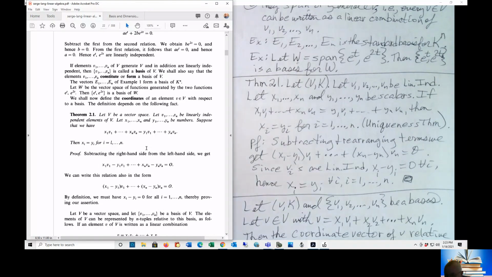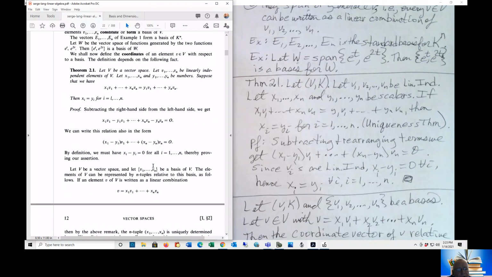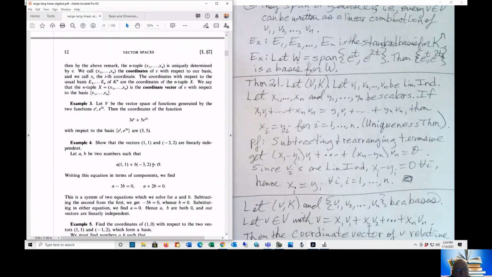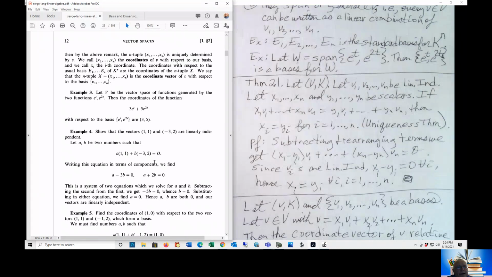But remember, v1 to vn are linearly independent, hence the scalars have to be 0. That means that xi minus yi has to be 0 for each i, hence xi equals yi. This allows us to define the coordinate vector of a given vector.